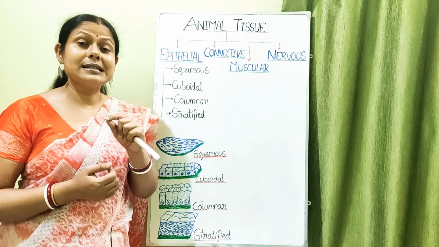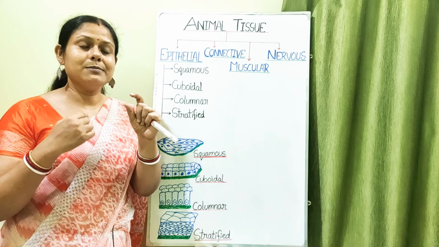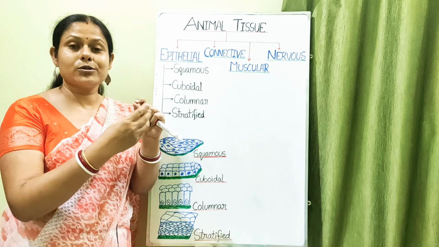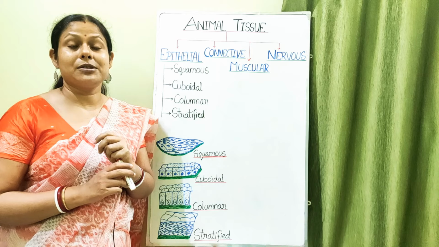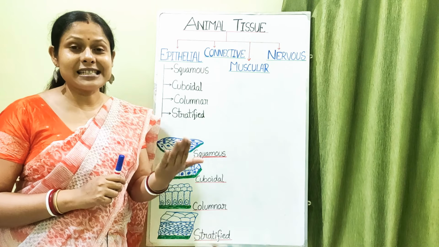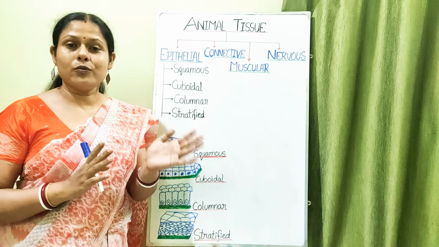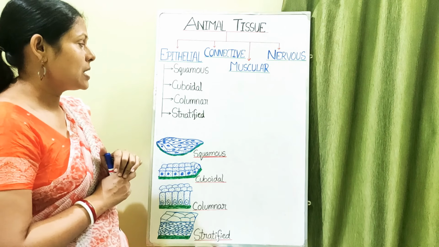So the cilia present in the oviduct or fallopian tube help to move the ovum forward, so that when the sperm meets the mature ovum, fertilization can take place. So these are the places where ciliated epithelial tissues are found, in our respiratory tract and in the oviduct.